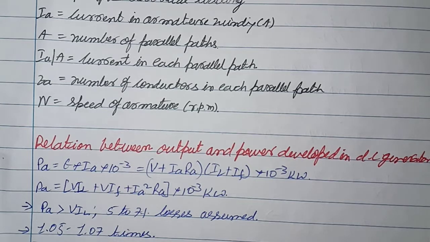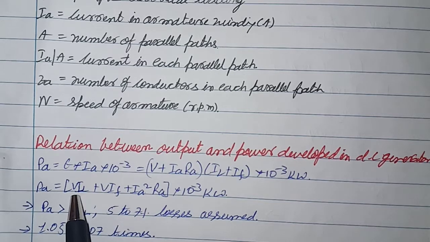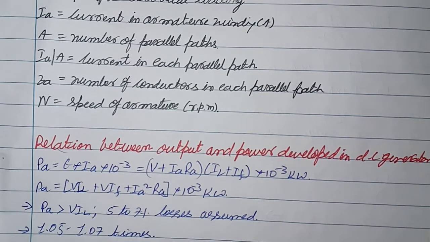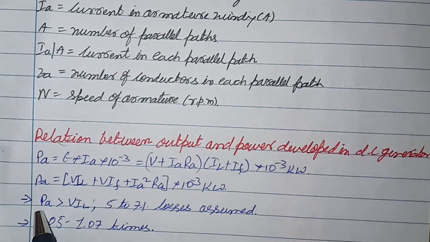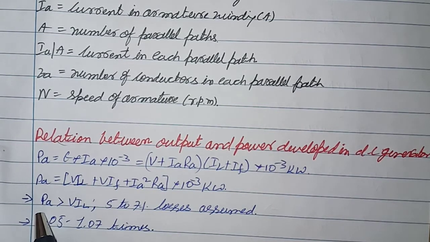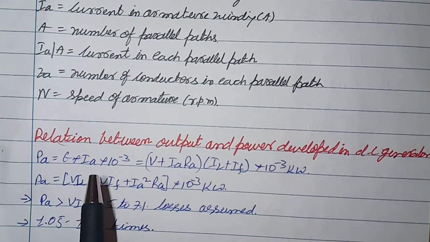So the total power that will be developed includes the output plus the losses. Here the power PA should be greater than VL into IL, because it has to accommodate the losses as well as the output. So the power developed is equal to the output plus the losses, the copper losses in the field winding and the copper losses in the armature winding.